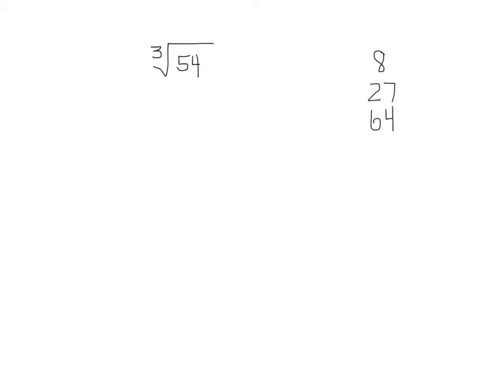The final part of example 1 is asking us to put into simplest radical form the cube root of 54. Again, we want to look at our list of perfect cubes and find the largest one that divides evenly into 54. Obviously it has to be smaller than 54 or equal to 54, so we can rule out 64. 27 does go into 54 2 times.